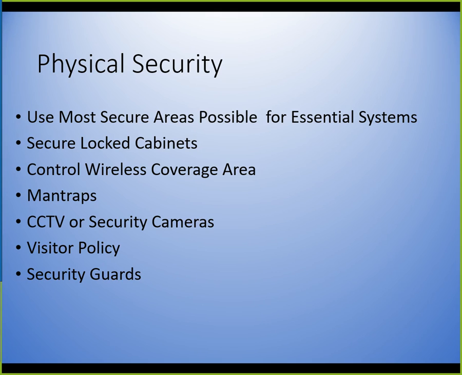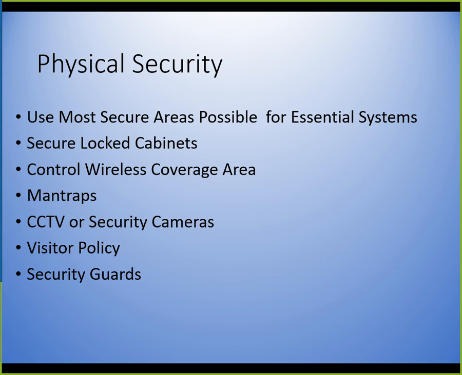Physical security, we talked about some of these things already. The most secure areas possible for essential systems. The most, I guess, walls and doors and locks to get to it. And I always talk about in a central location, not on an exterior central location.